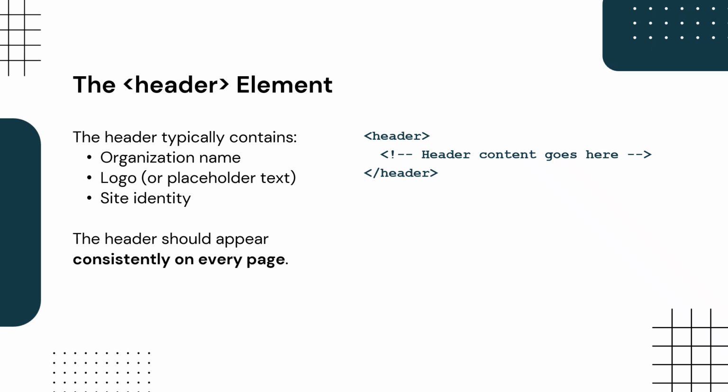Even if this is placeholder text for right now, its location and purpose should be consistent across every page. So use the header for the top of your page, where the site name and the logo are going to go.